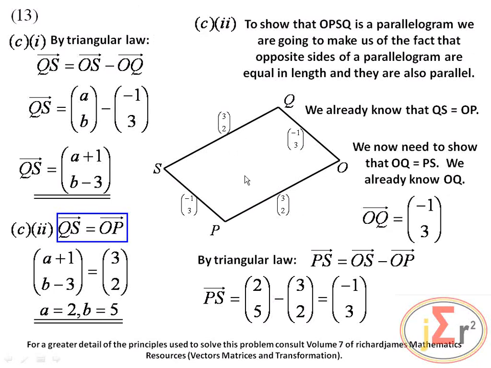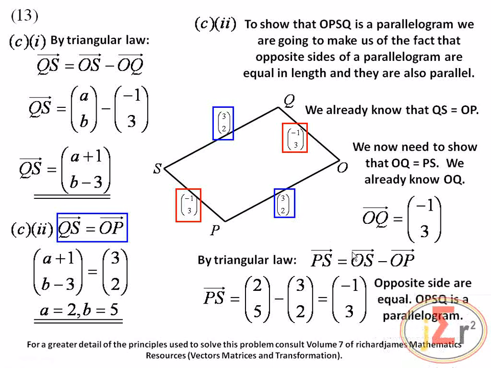If we are using a vector method, it is not necessary for us to show that these two sides are also equal and parallel. Showing that two opposite sides are represented by the same vector is enough to show that a quadrilateral is a parallelogram. So we have the opposite sides being represented by the same vector, so we are sure that the figure is a parallelogram.